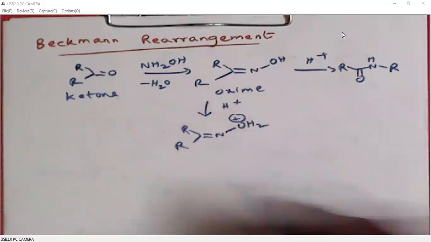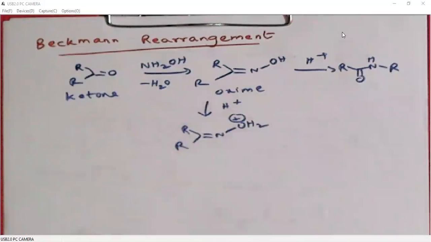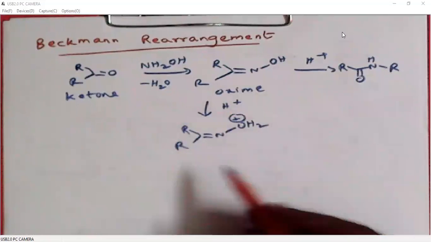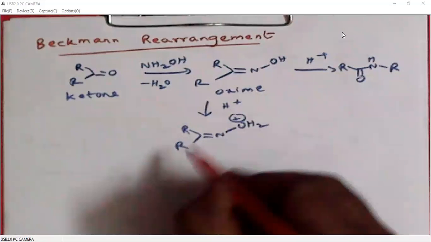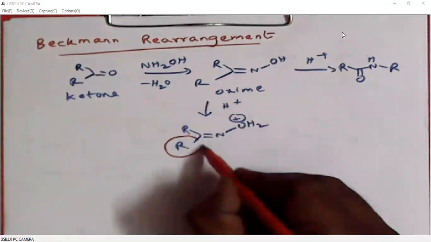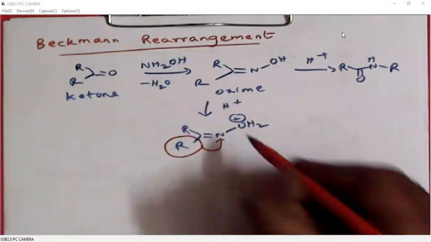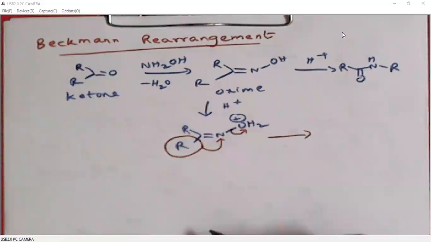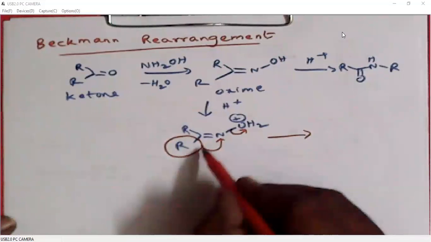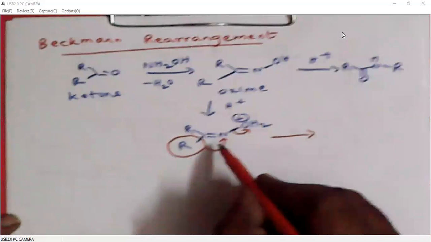Now, as I said in the Schmidt rearrangement, this alkyl group will migrate to nitrogen so that this water molecule will be leaving. Now, which alkyl group will migrate to nitrogen? In this case, we have a selectivity.